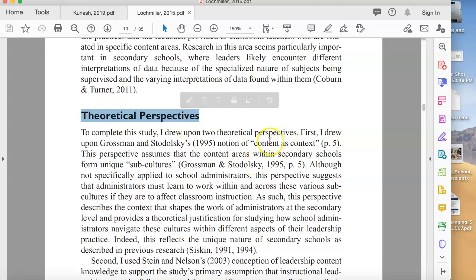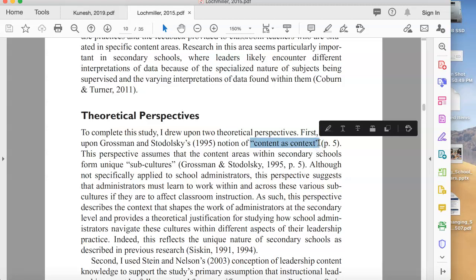So here he says he's going to utilize this idea as content as context. So this idea that what is being taught matters and shapes instruction and the types of instruction we expect, what we think of as good instruction.